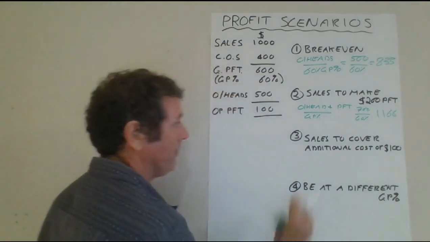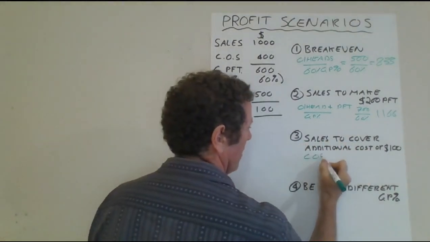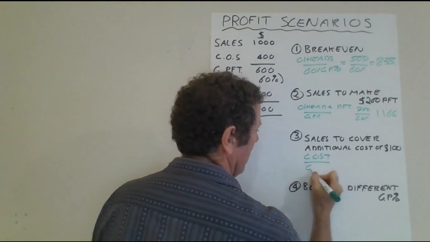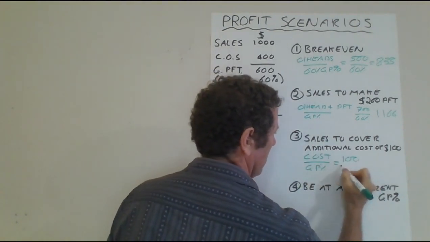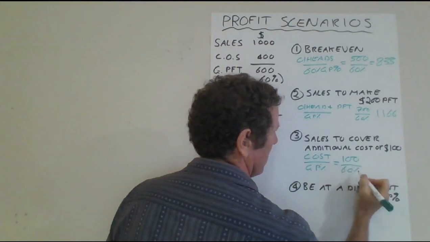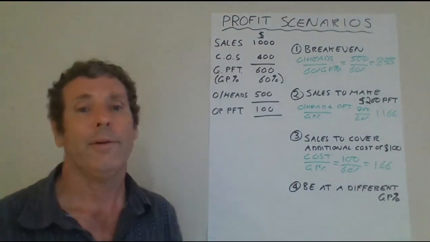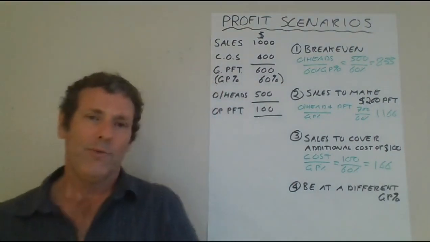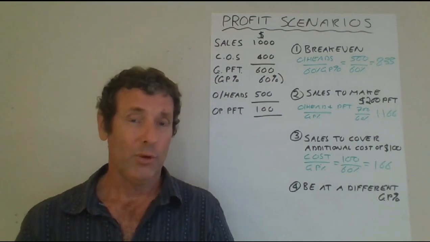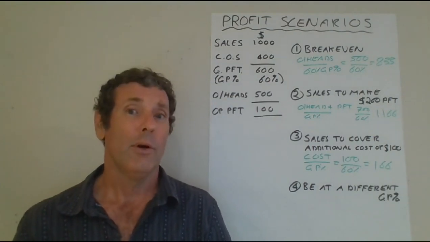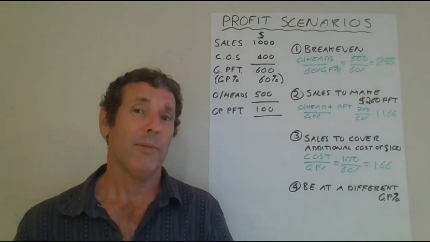That's straightforward. What we have here is your additional cost, and we divide that again by your GP percentage. So that's $100 divided by 60%, which is equal to $166. So if you believe that by moving to that new business premises, you can generate more than $166 in additional sales, you should probably be thinking about doing it.